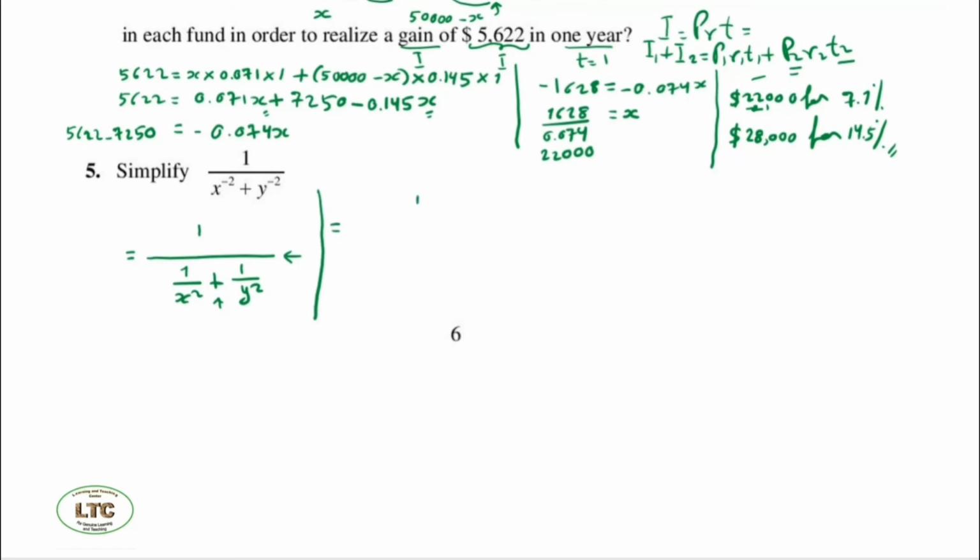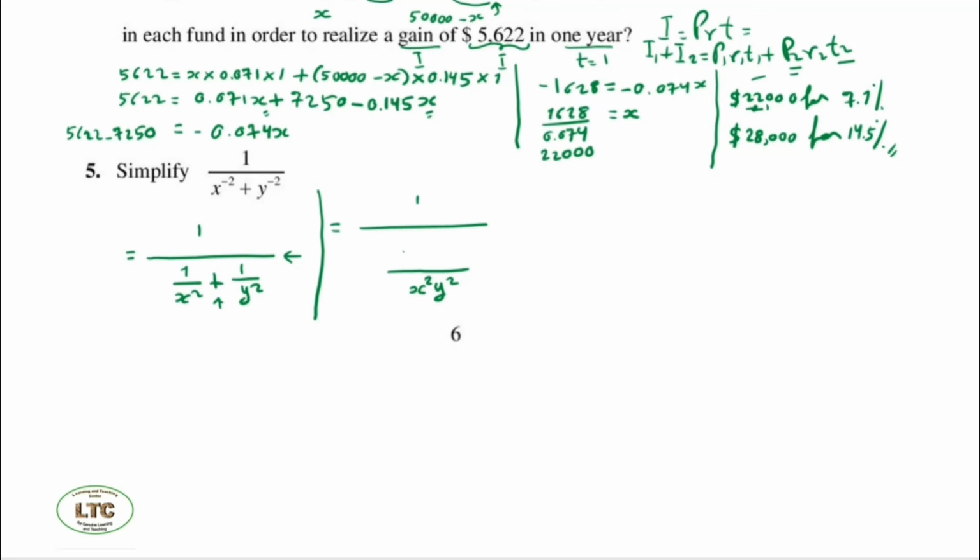So add the two fractions in the denominator, then you change two fractions into two fractions with the same common denominator. So you change 1 over a squared to the fraction with denominator a squared y squared.